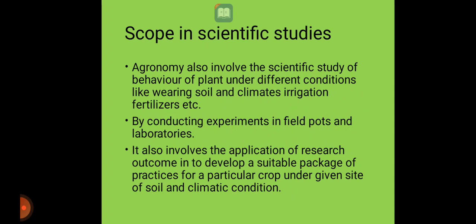Agronomists conduct experiments in field plots and laboratories, analyze different techniques for farmers, and apply research outcomes to develop a suitable package of practices for a particular crop under given soil and climatic conditions. These are the scientific scopes of agronomy.